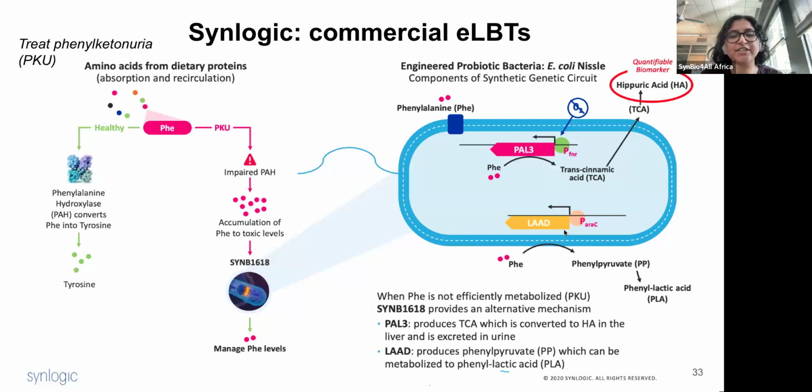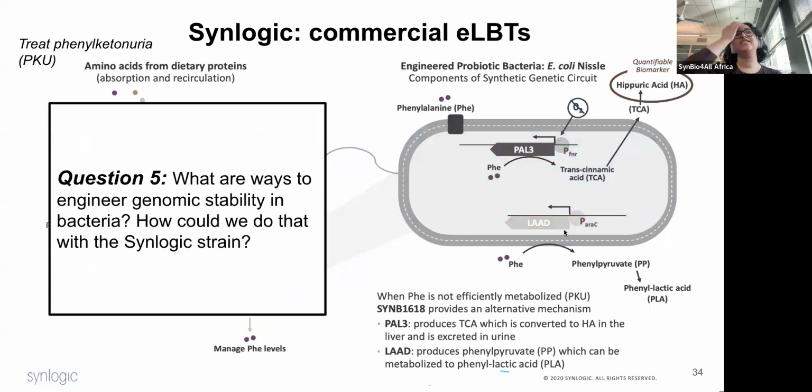And so my question to all of you is, what are ways to engineer genomic stability in bacteria, and how could we do it with this SynLogic strain? You can throw that in the chat.